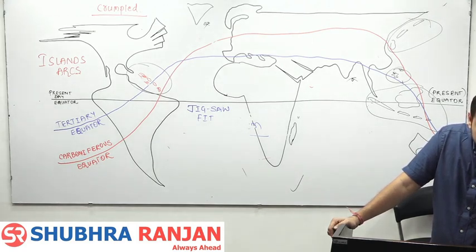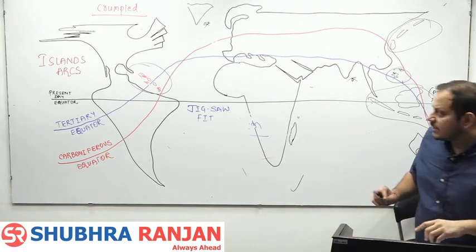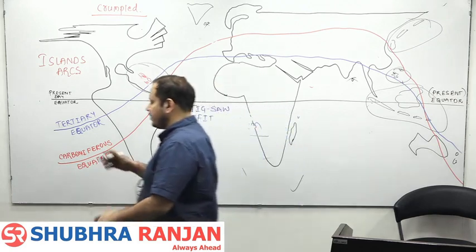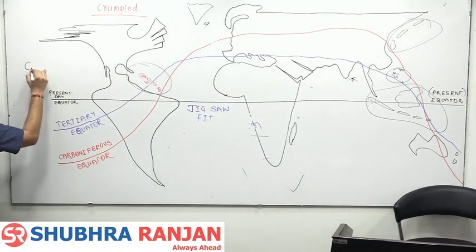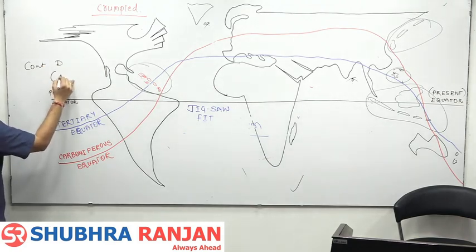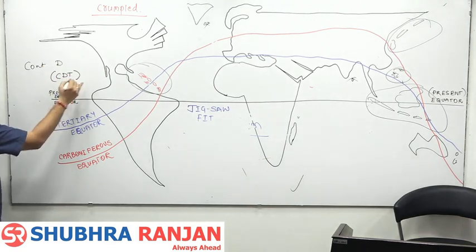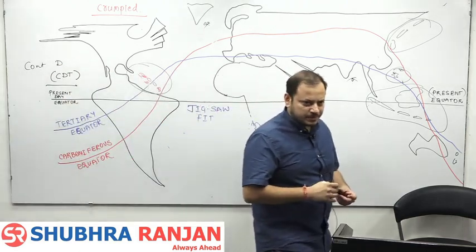Next paragraph. Therefore, Wegener's continental drift theory. See now, how many times you will write the same word continental drift in the examination? Only once. The only difference is when you write continental drift theory, एक बार पूरा लिखो, and then in the bracket write CDT, and then you can use the word CDT entirely in the paper, in that answer.